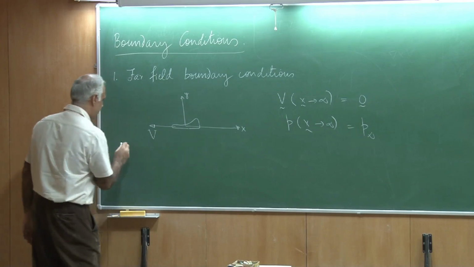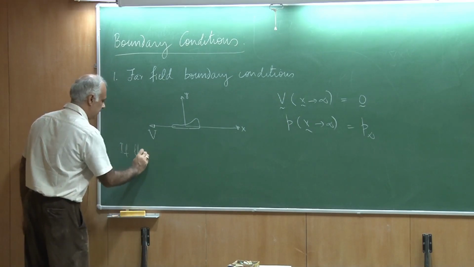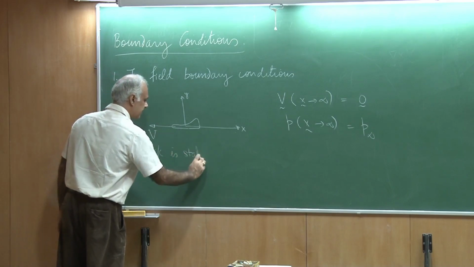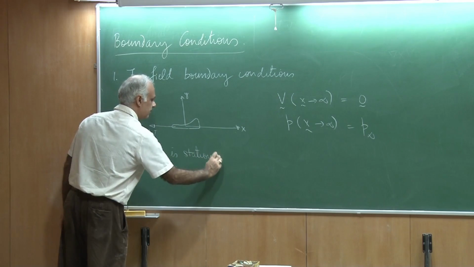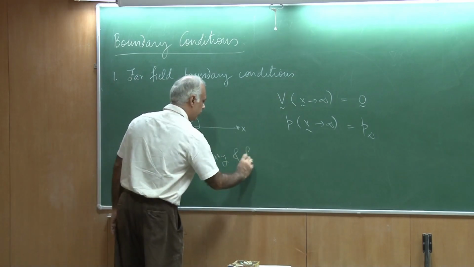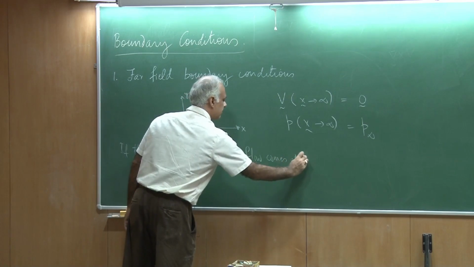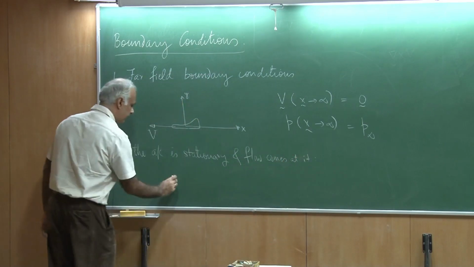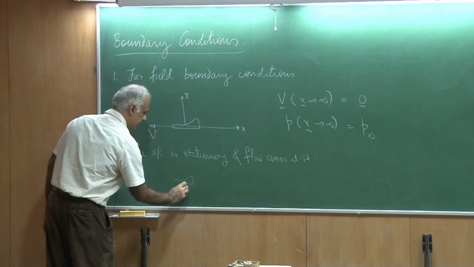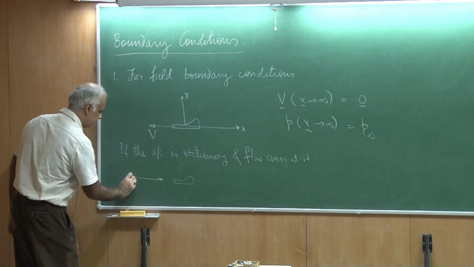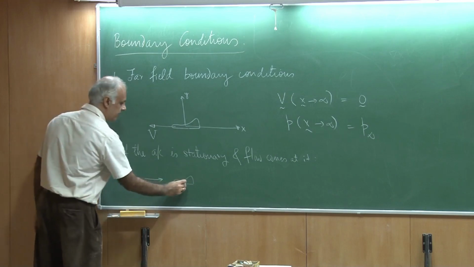So if the aircraft is stationary and flow comes at it, then I would have a situation like this. So this is my aircraft and now the flow is coming at it at V, and the aircraft is stationary.